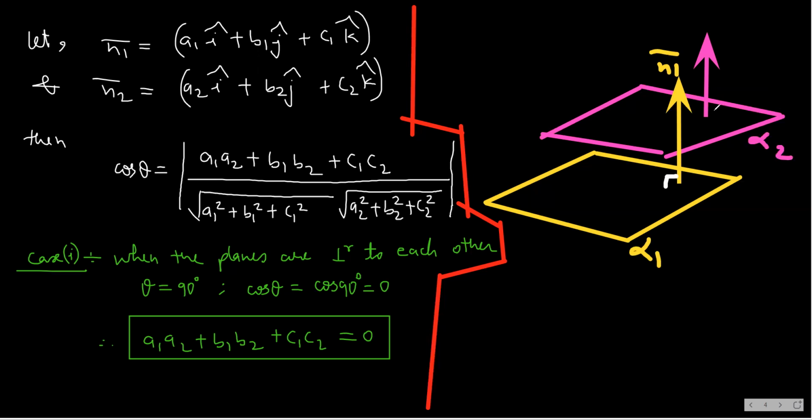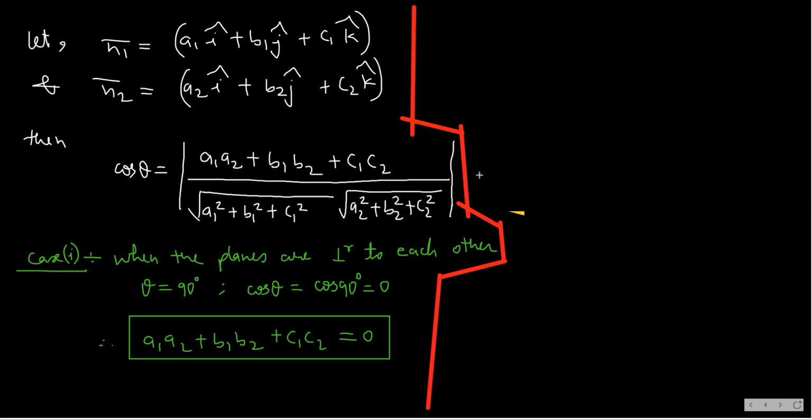This is alpha 2 plane, so this is n2 bar, which is perpendicular to plane alpha 2. Now what you are noticing is that these two normals are parallel to each other. And if the two normals are parallel, one normal will become a scalar multiple of the other normal. If two vectors are parallel, they are collinear, then one vector is a scalar multiple of the other vector.